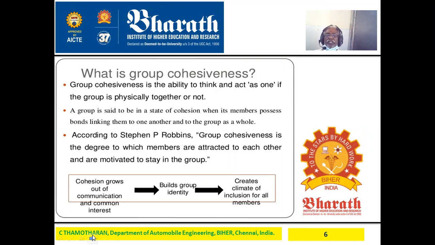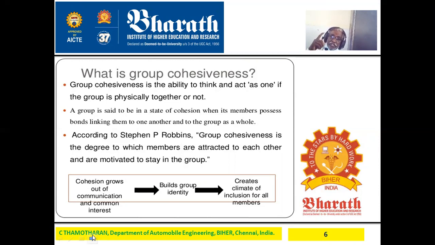According to Stephen P. Robbins, group cohesiveness is the degree to which members are attracted to each other and are motivated to stay in the group. Once again, I am going to repeat.